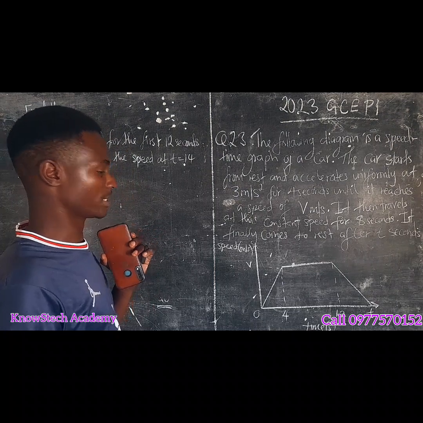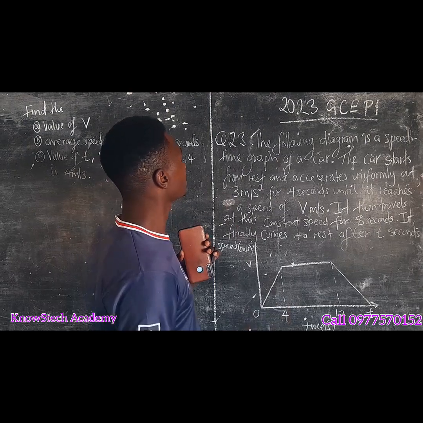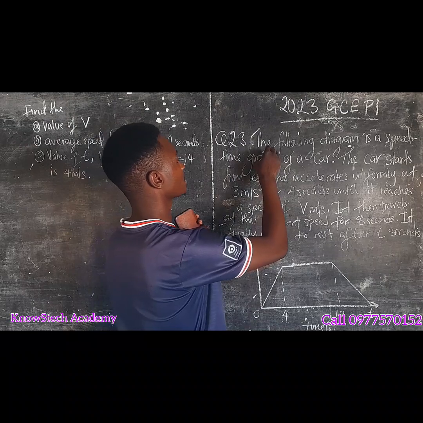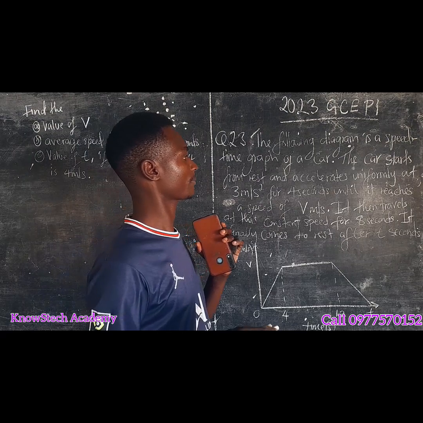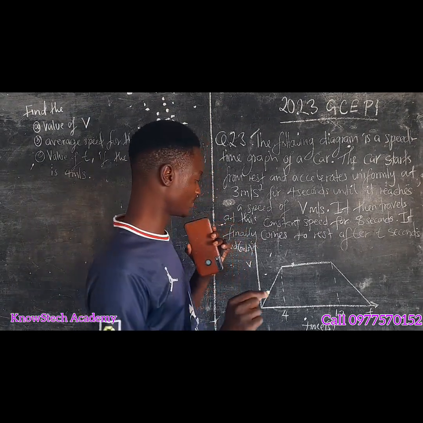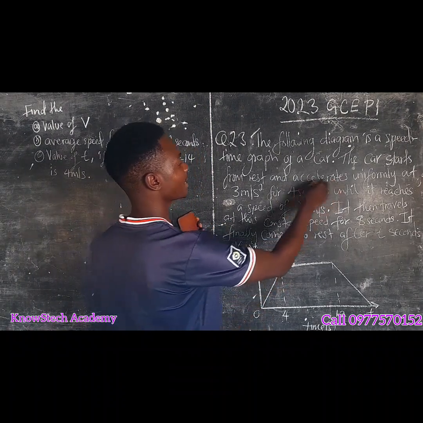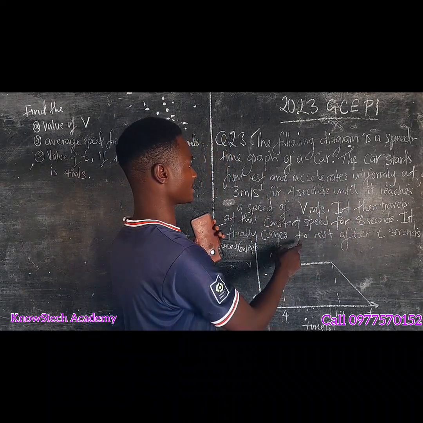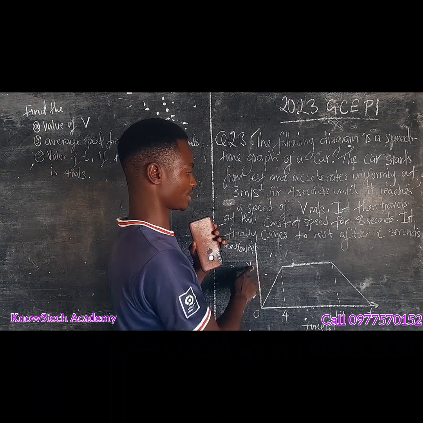And this question is under travel graphs, or speed time graph, or you can call it velocity time graph. So the question reads, the following diagram is a speed time graph of a car. The car starts from rest and it accelerates uniformly at 3 meters per second squared for 4 seconds until it reaches the speed of v meters per second, which is here.